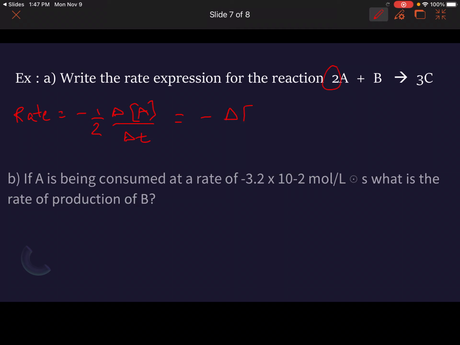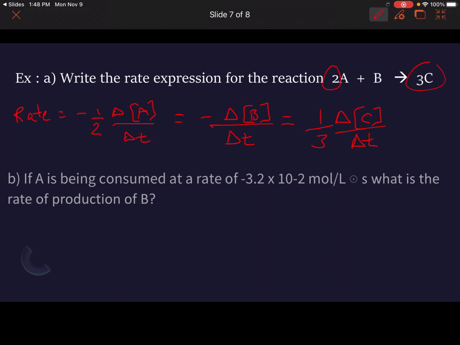And then this is going to be positive 1/3 delta C over delta T. That would be your rate expression here. Make sure you don't forget the positives and negatives. You will be asked to do this, so it's pretty straightforward, so make sure you understand how to do that.